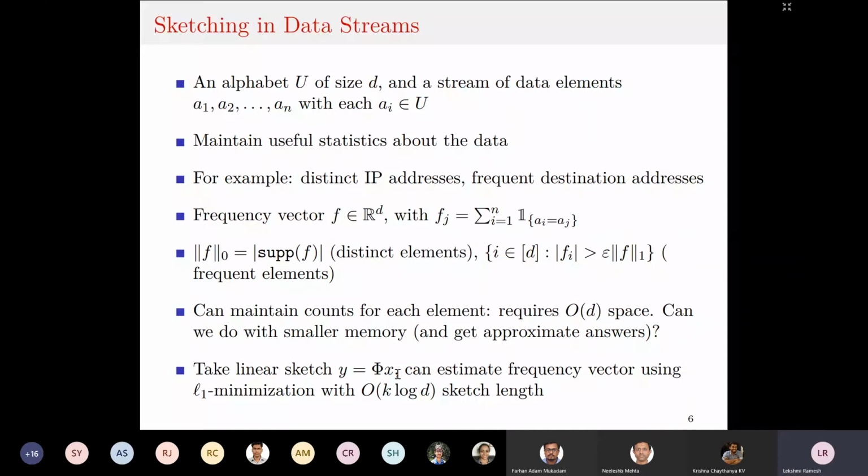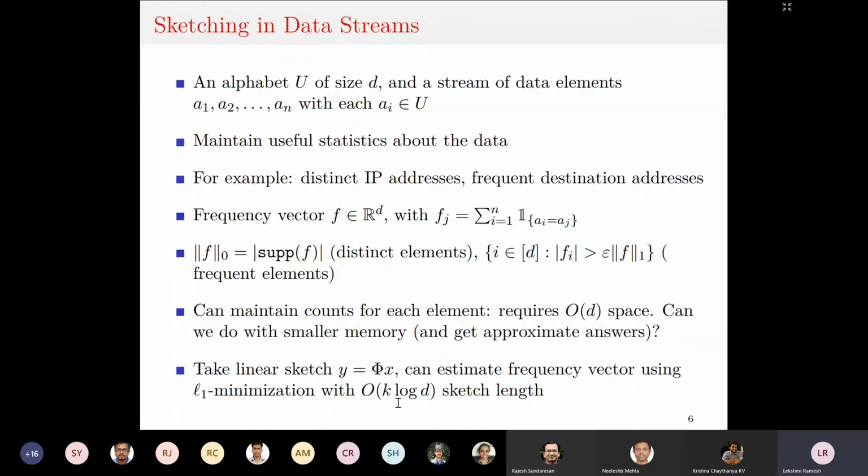Question. Sorry. This is with respect to the penultimate bullet. Did you mean order of d log n space or order of d space? There must be some dependence on n, right? If you're maintaining the count. So the frequency vector is like a table of d entries.